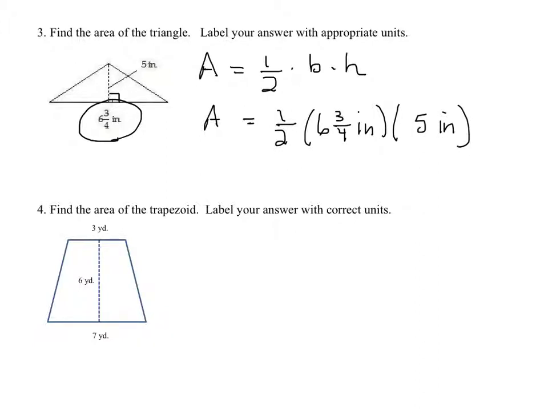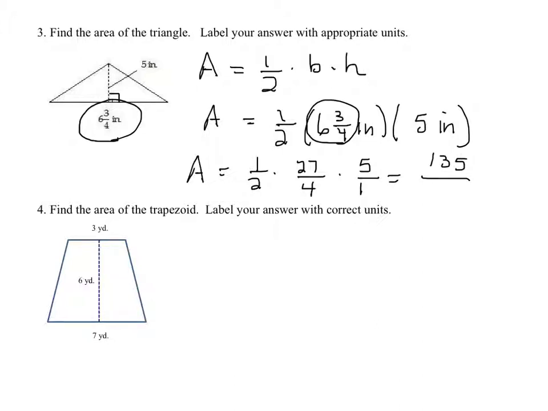Now, let's do this by hand as a review of fractions. So 1/2, I'm going to change this mixed number to improper. So that's 27/4 times 5/1. It can't cancel anything. So I'm going to do 27 times 5 times 1 is 135, over 2 times 4 is 8.